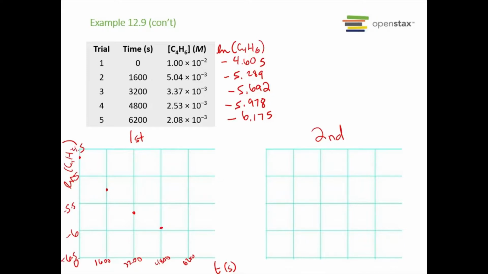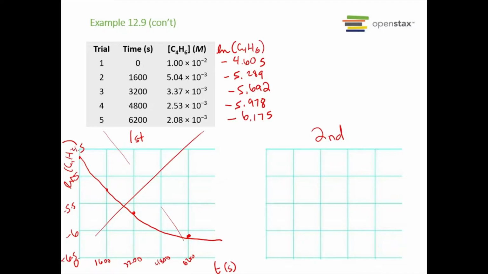And at 6200, we have negative 6.175. So if you look at this, that is not a straight line. That is a curved line. So that tells us that no, this is not a first order reaction. Because if it was first order, we would get a linear fit that we could then put on a graph and go from there. So let's now look for a second order.